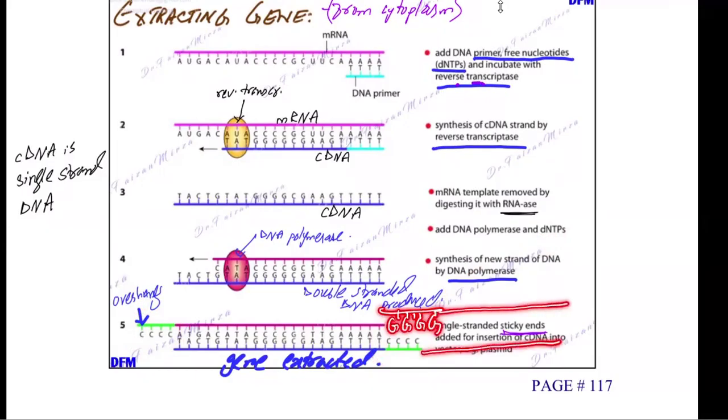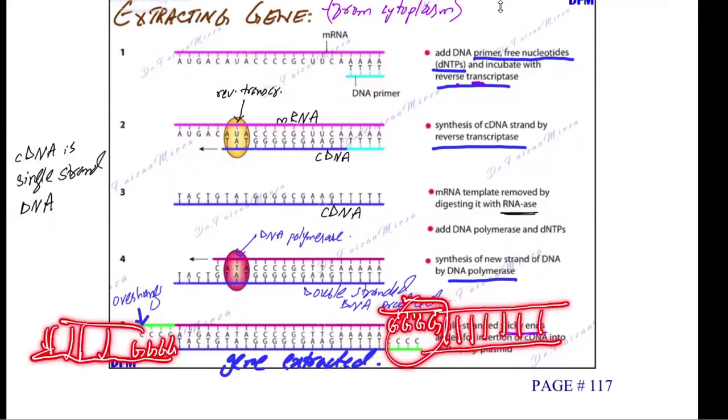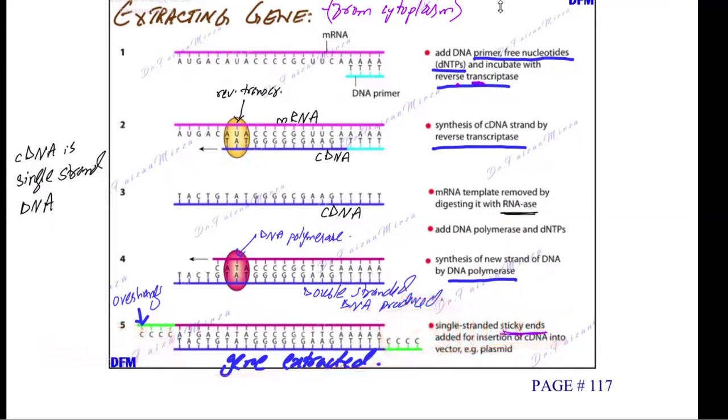So this DNA will get incorporated into the host genome because of the sticky ends being complementary on this side as well and on this side as well. So this is how this will get incorporated into the host cell DNA, and you will have the gene being placed inside a host cell. This is how a gene is added into a particular organism. You extract the gene, you add the overhangs or the sticky ends.